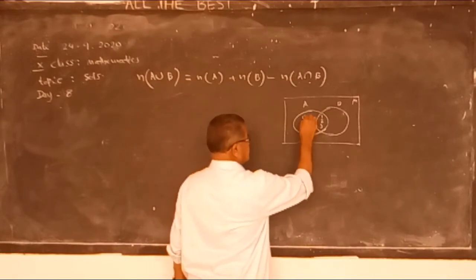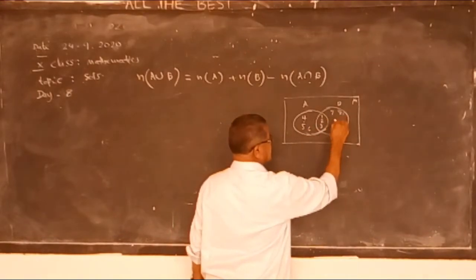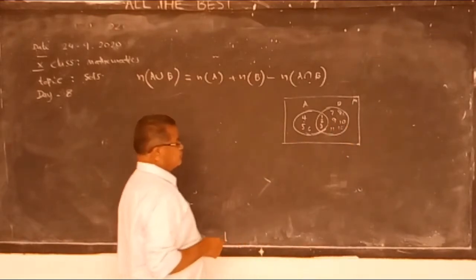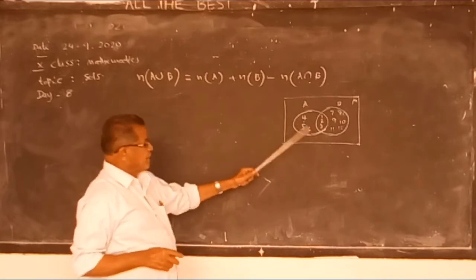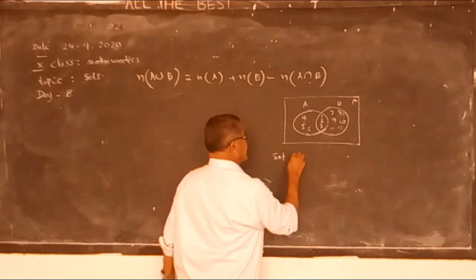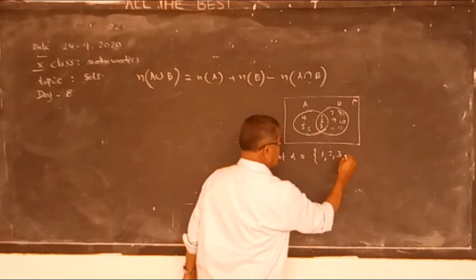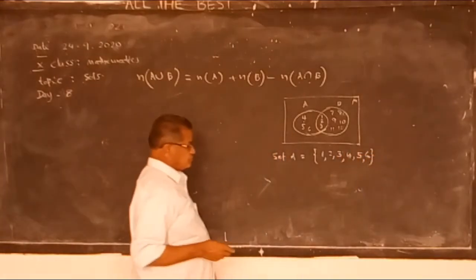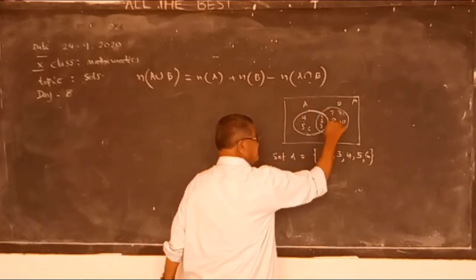I will write here 4, 5, 6, and here 7, 8, 9, 10, 11, 12. Now, set A. The elements are 1, 2, 3, 4, 5, 6. Set A means complete this circle.